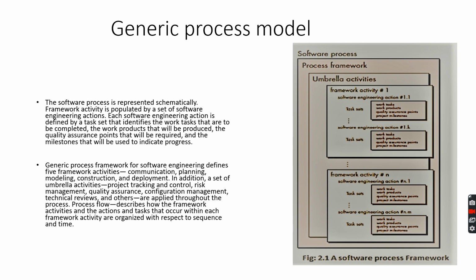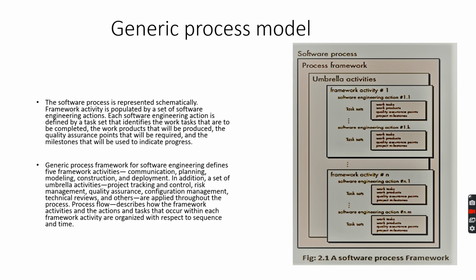So a framework activity is populated by a set of software engineering actions. The generic process framework for software engineering should be built around these five framework activities. That is, first communication, second planning, third modeling, fourth construction, and fifth deployment.